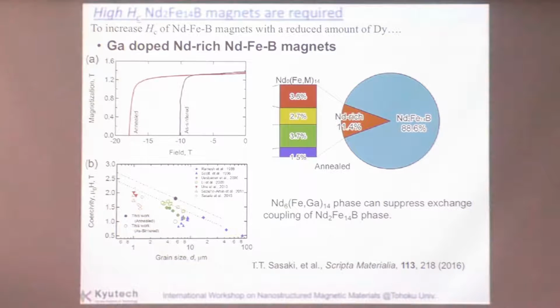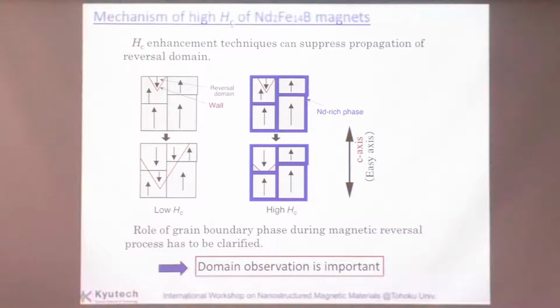In this paper, the neodymium 6 iron gallium 14 phase can suppress exchange coupling of the 2-14-1 phase. So the microstructure and the magnetization process are very important to enhance the coercivity. This figure shows the magnetization process and the domain structure change of this magnet. Coercivity enhancement techniques can suppress the propagation of the reversal domain.